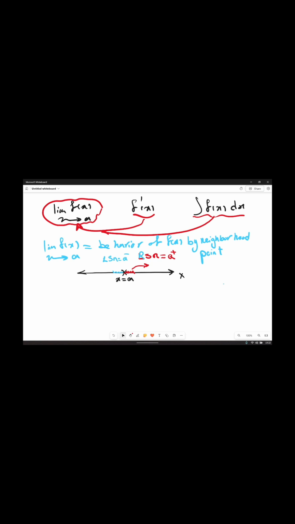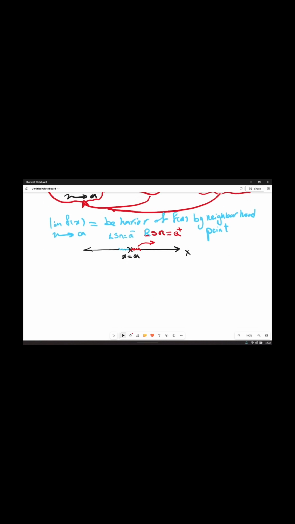That is the collection of points exactly on the right and left side of our point. Okay, therefore in the limit we don't give the exact value at the point. We take help from some points on the left and some points on the right, and we take the value of the function at these points, guys.